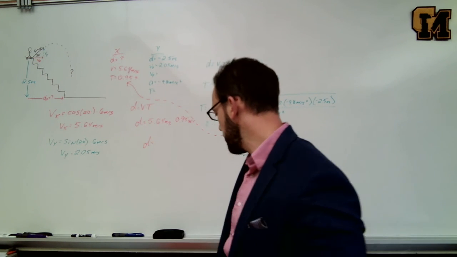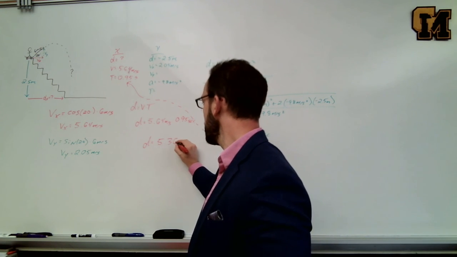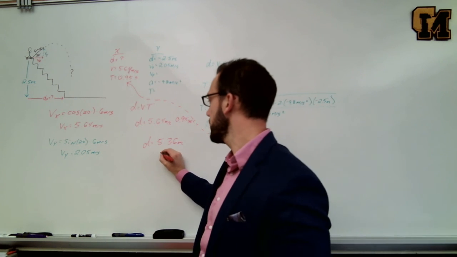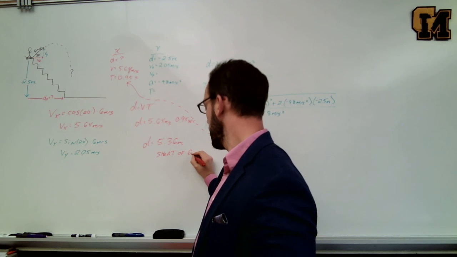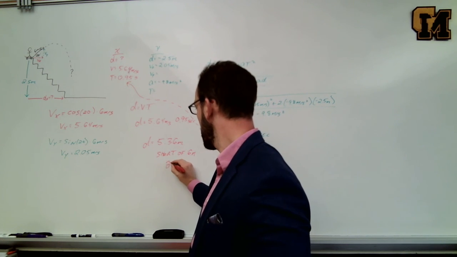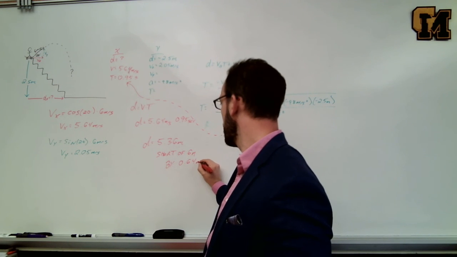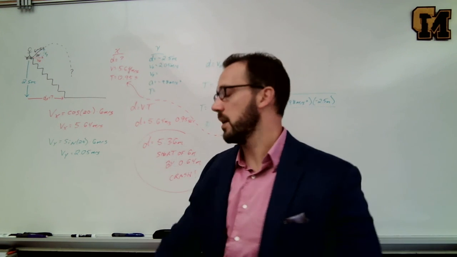And that means my displacement in the x direction is 5.36 meters, which is unfortunately short of 6 meters by 0.64 meters. So we would probably crash and have a pretty bad day.